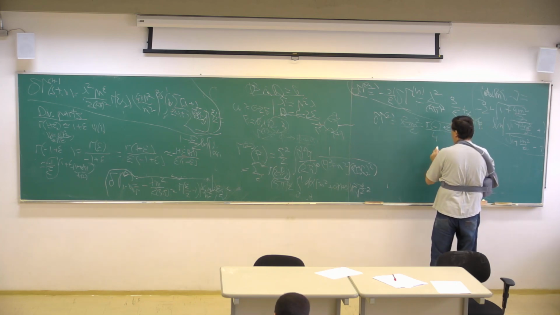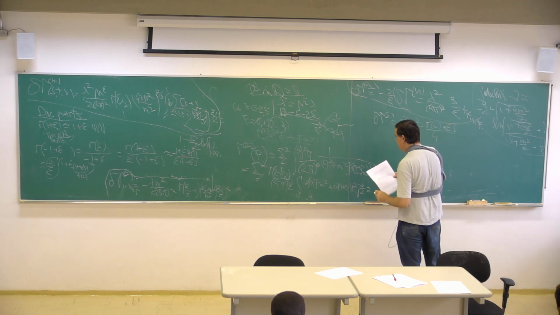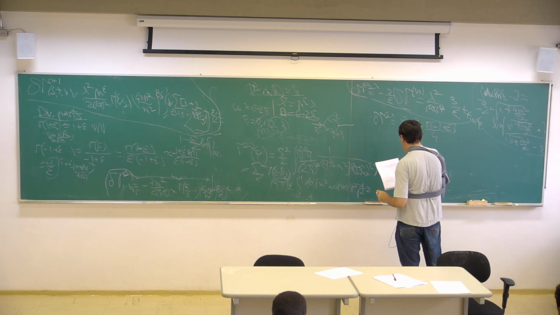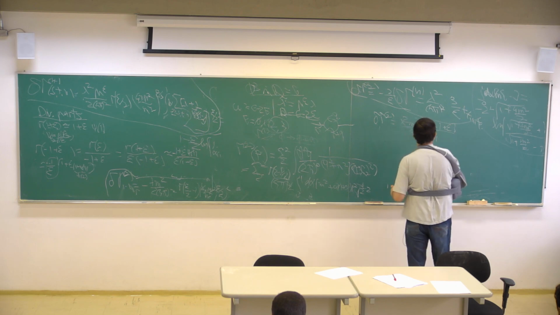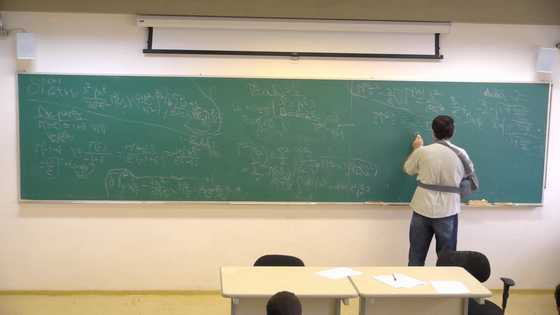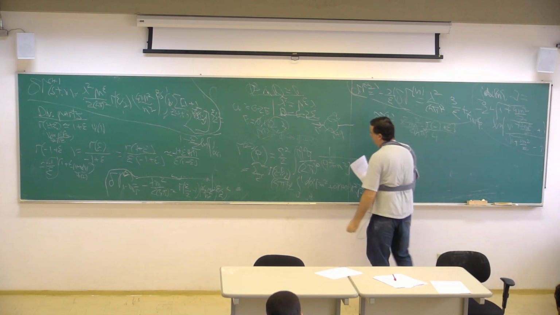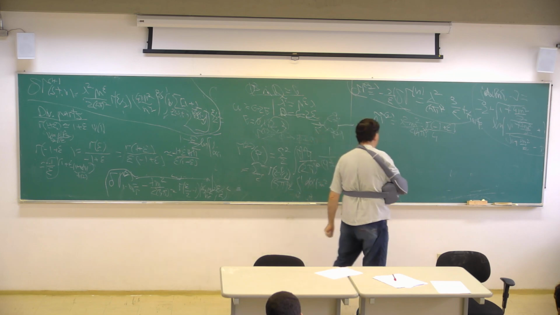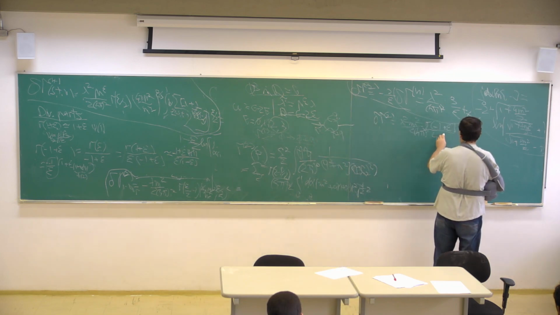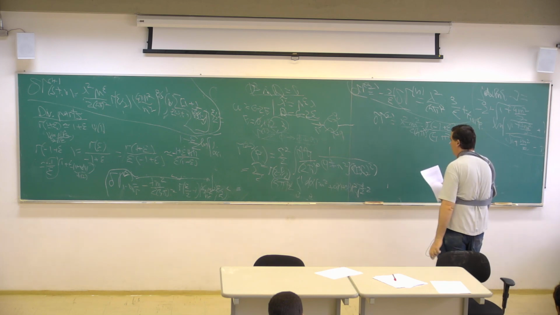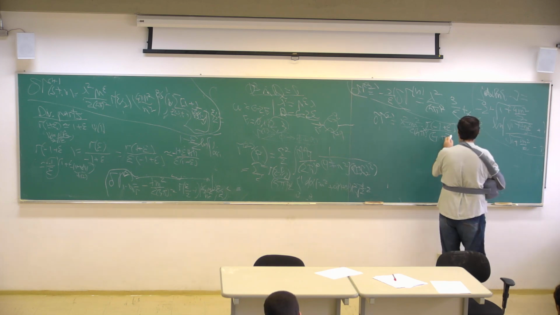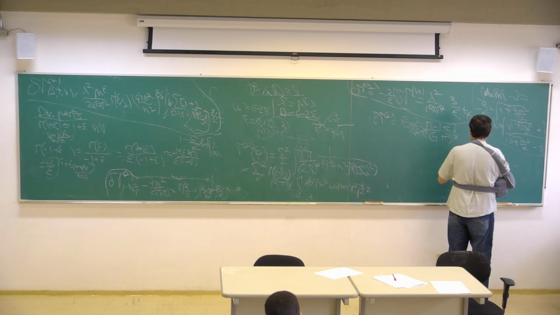Then I suppose I forgot the 4 pi factor that comes from this, and then I also have 4 pi to the minus epsilon.